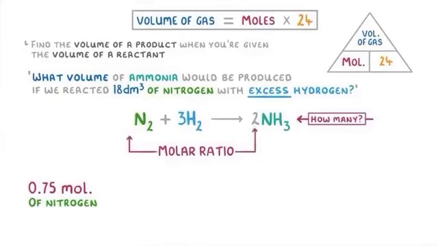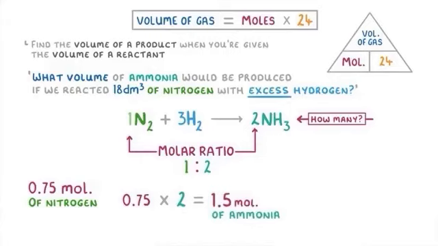Okay, so what if we try another illustration where you are looking for the volume of the product for a given volume of the reactants? Assuming we have nitrogen reacting with hydrogen to get ammonia. There is 18 decimeters cubed of nitrogen reacting in excess. What will be the volume of ammonia? We get the balanced equation where we have nitrogen plus 3 moles of hydrogen giving us 2 moles of ammonia.